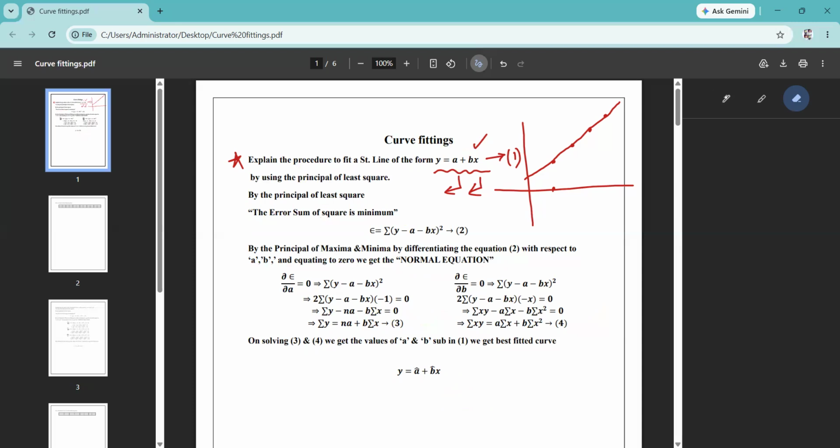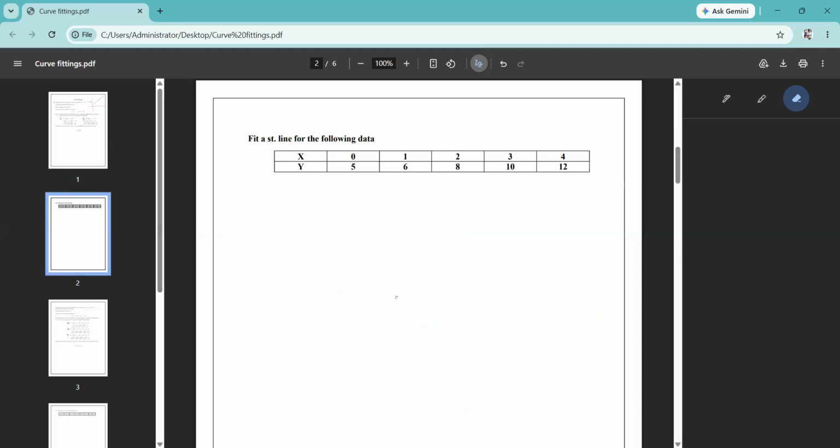After that, we have to go for the problem. Everybody, please keep your calculator ready with you, because I'm going to solve for the corresponding x values. We have some y values given. We have to fit a perfect straight line for this given data.